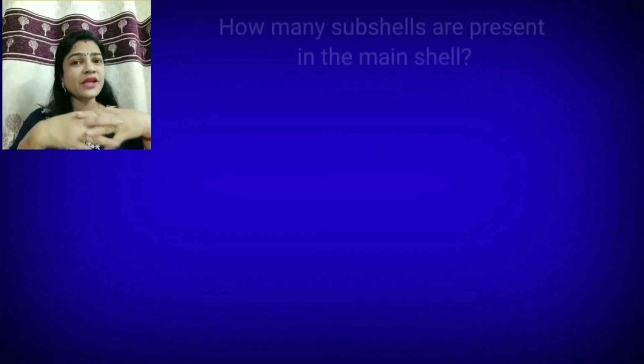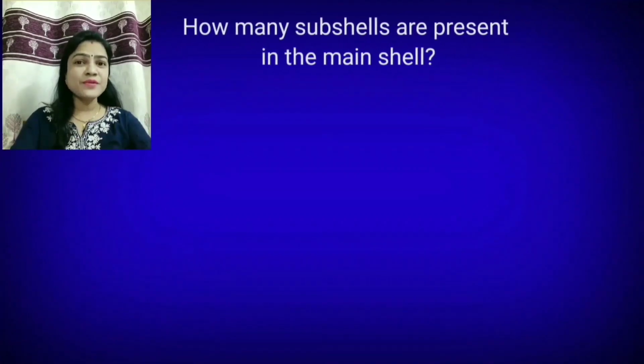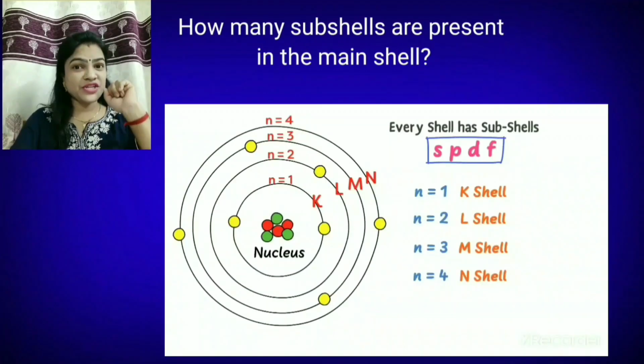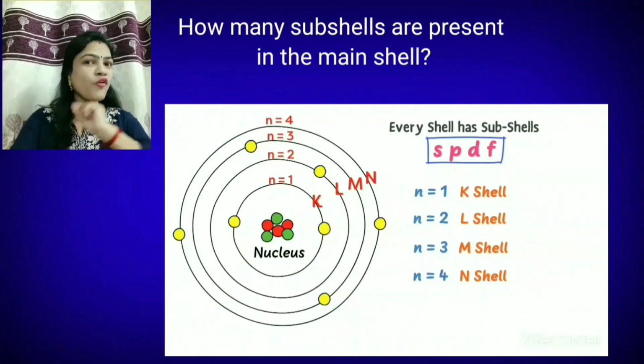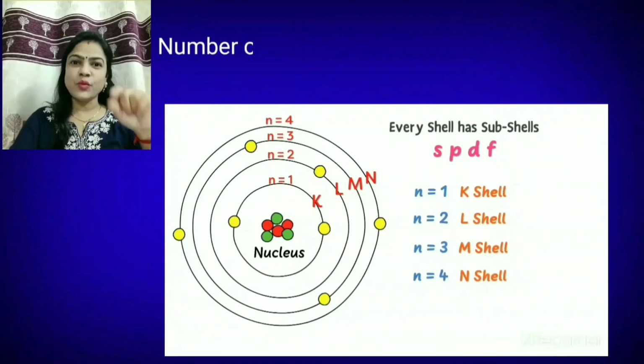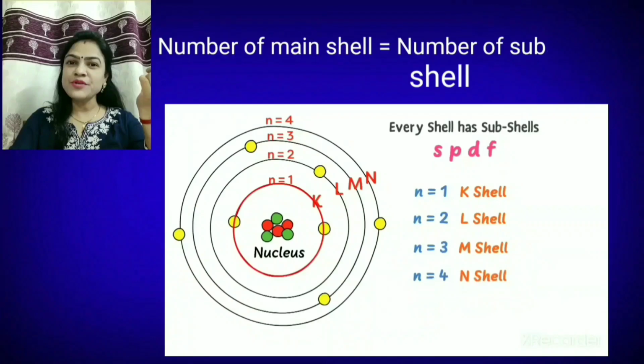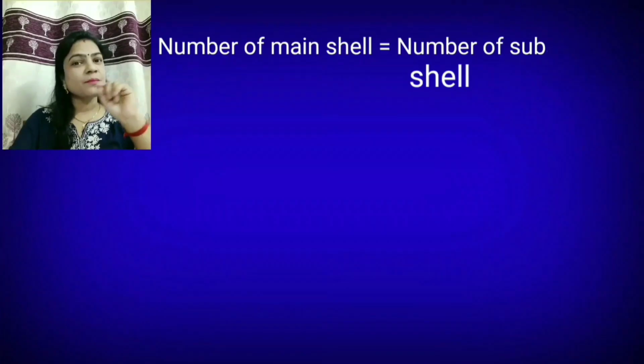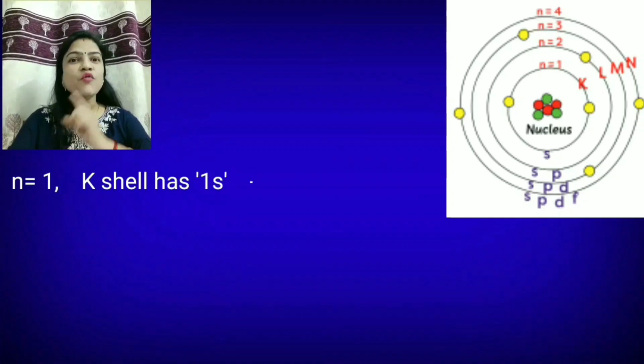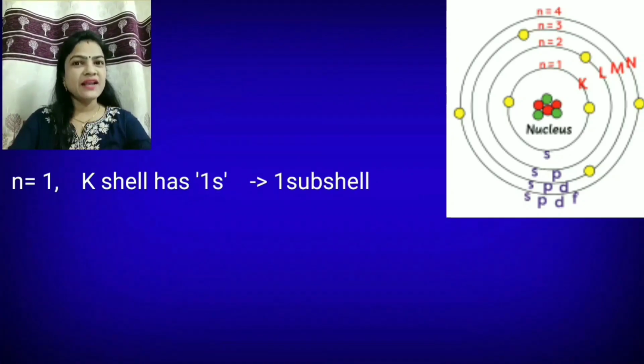This is very easy to learn: the number of the main shell is equal to the number of subshells present in that main shell. Easy. For example, the first shell, K shell, has only one s subshell.